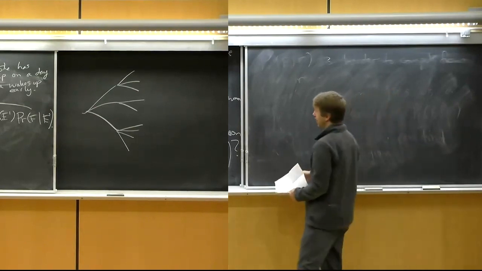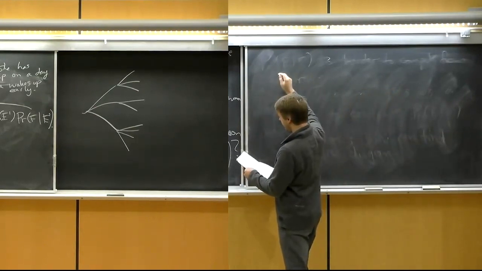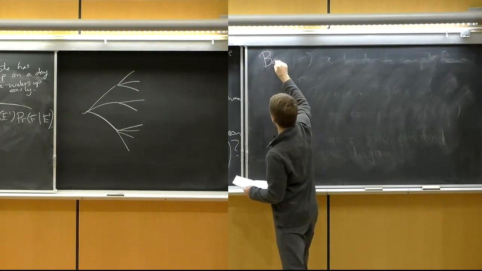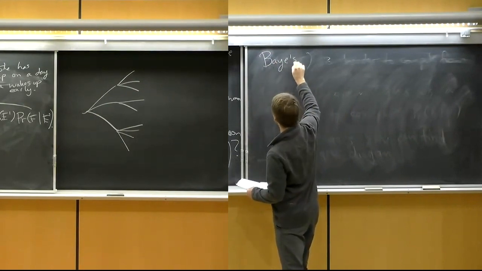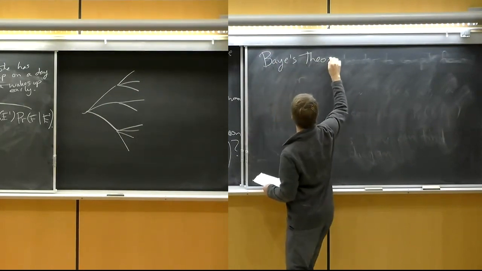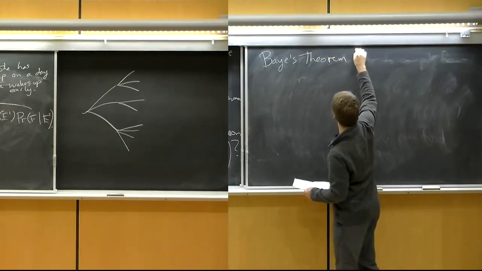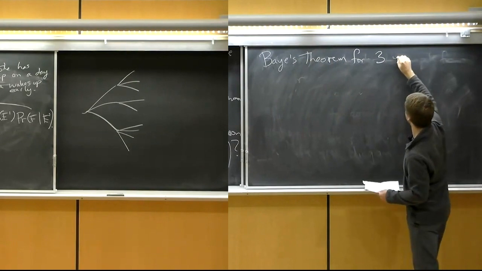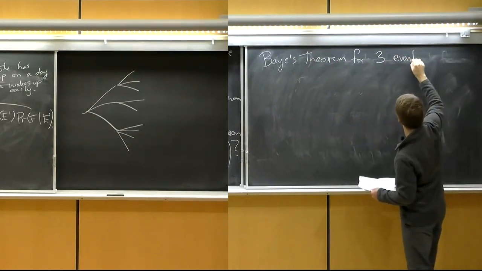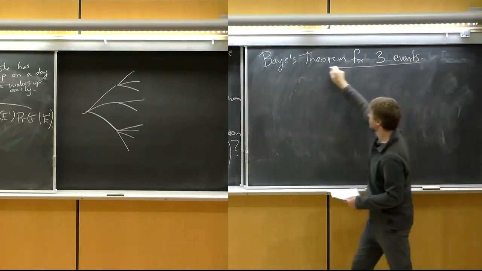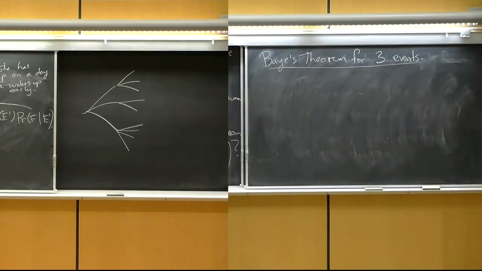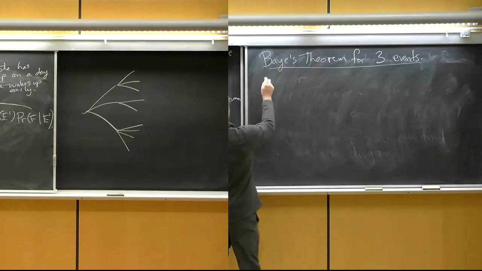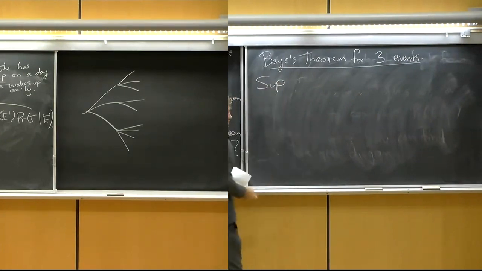Let's say for 3 events, for example, you also have to know this version of Bayes' theorem.